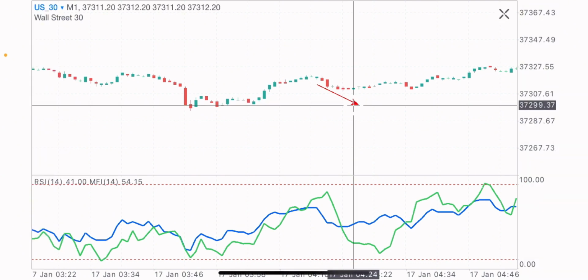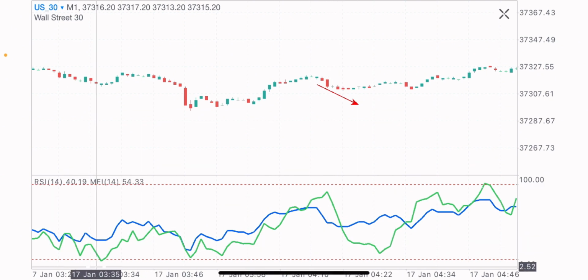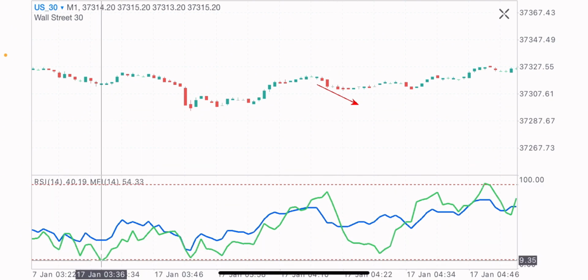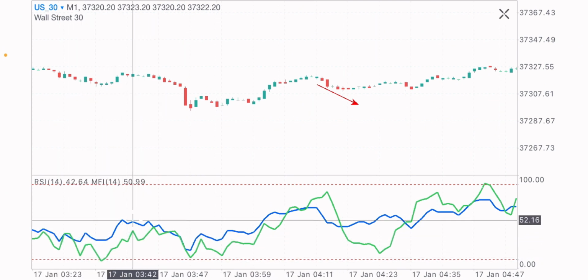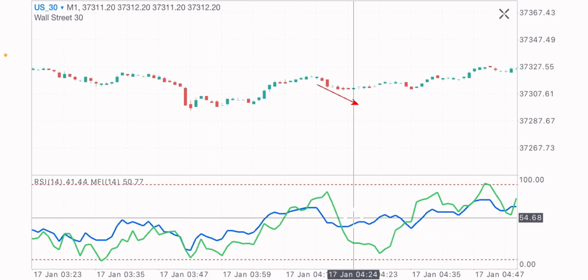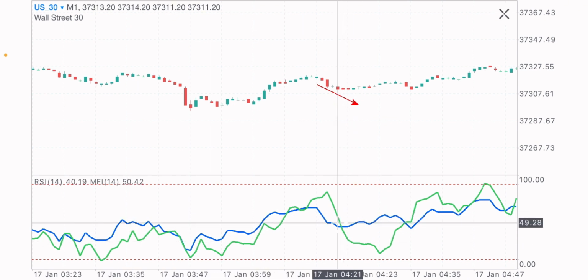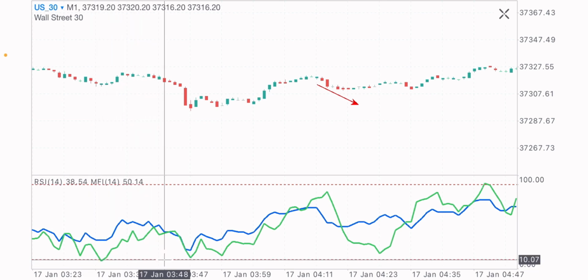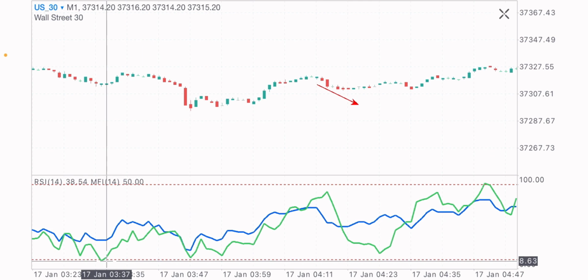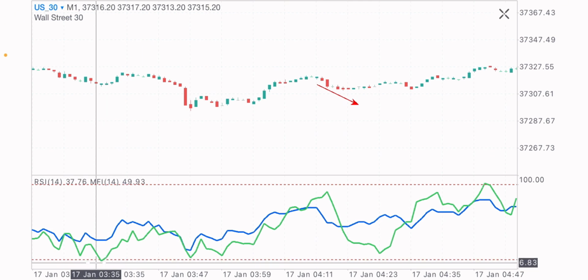Now what we're seeing here is, once price gets to this point of the level of 10 of the MFI, the line we're following is this green line, not the blue line. All right, we're not talking about the blue line, we're only taking the green. So when price gets to the level of 10, when the green line touches this red line right here at the level of 10, the market will buy, just as we're seeing right here.